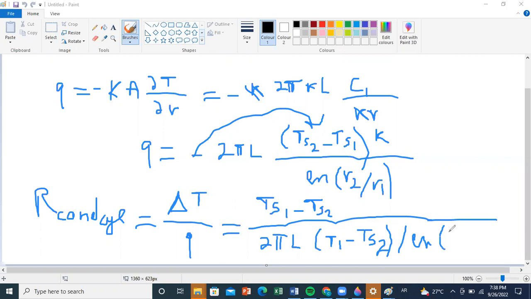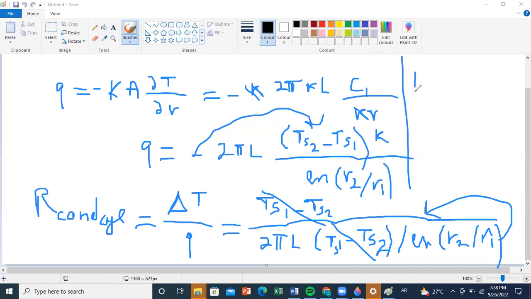And now what will happen is that TS1 minus TS2 will cancel out. So these two terms will simplify. Okay. And then you can deduce what is the resistance. The resistance of conduction in cylindrical coordinates, if you just take this term to the numerator, will be R equals ln R2 over R1 over 2 pi L.